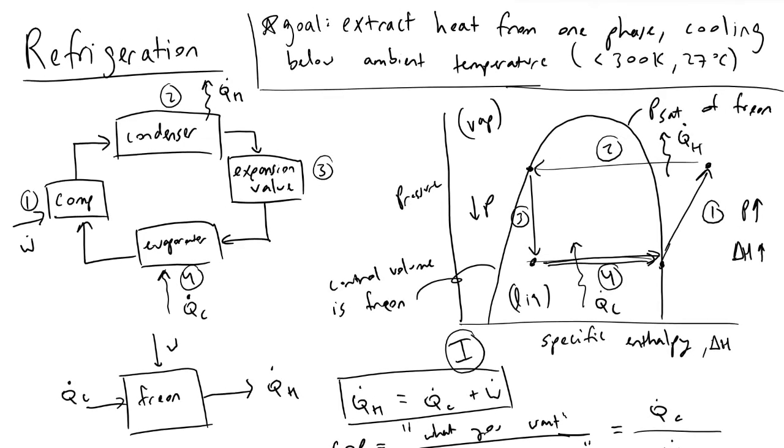Another key thing to make a note of, if you're in a thermodynamics course or you're still interested in this stuff, is the direction that we are going in our P versus delta H curve here in figure 1.